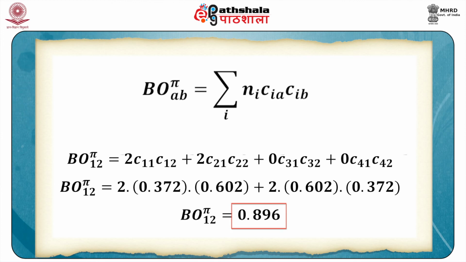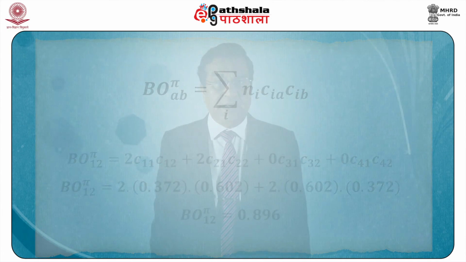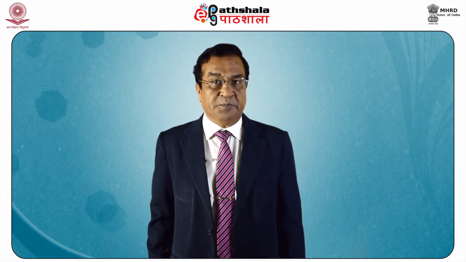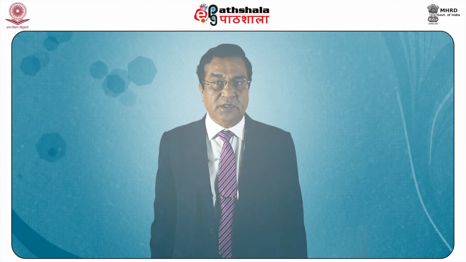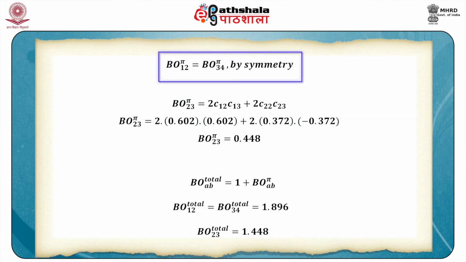All the values which we have substituted are very obvious and we have discussed them many times. And since butadiene is taken to be a linear molecule, by virtue of symmetry, the pi bond order between carbon atoms 1 and 2 will be the same as the pi bond order between the carbon atoms 3 and 4.